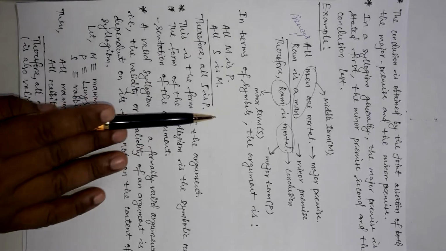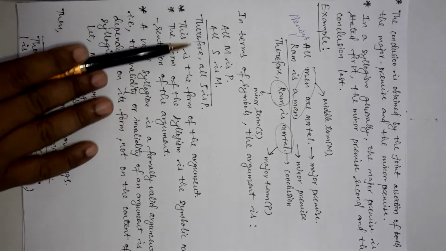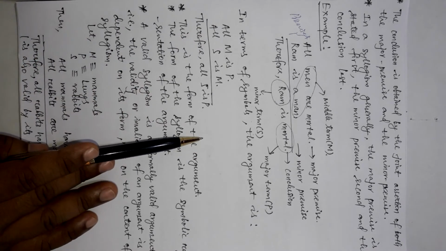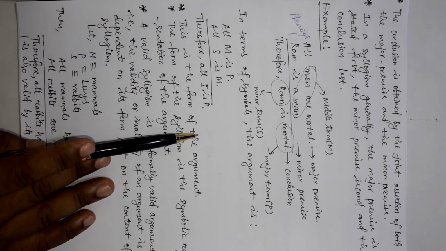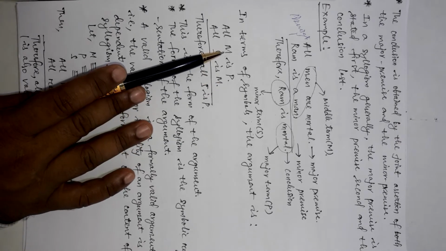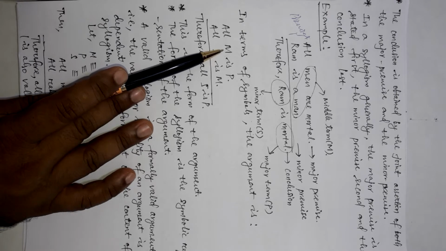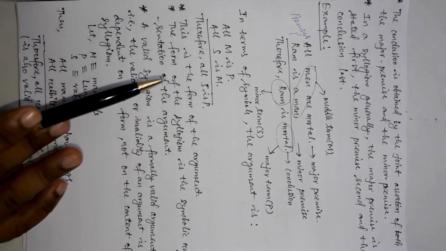And if it is an invalid form, then any argument of this structure will be invalid, independent of the values or names we put in place of M, P or S.